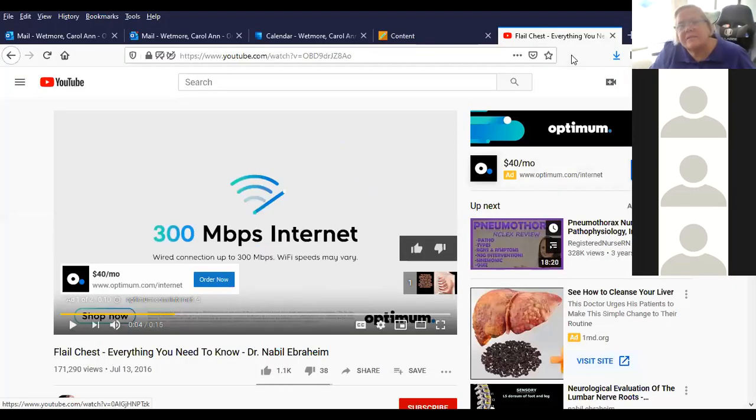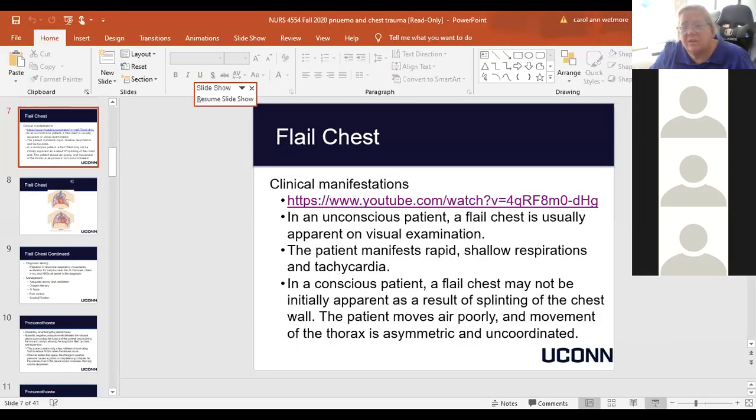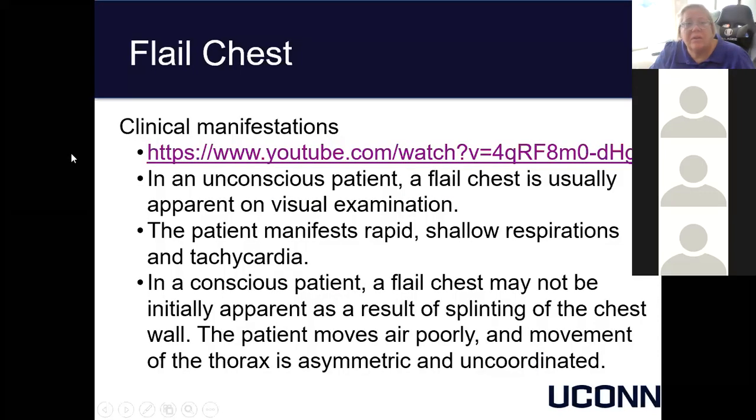That paradoxical chest wall movement is classic flail chest. Again, usually fairly significant respiratory distress, tachypneic, complaining they can't breathe if they're alert, they're tachycardic.